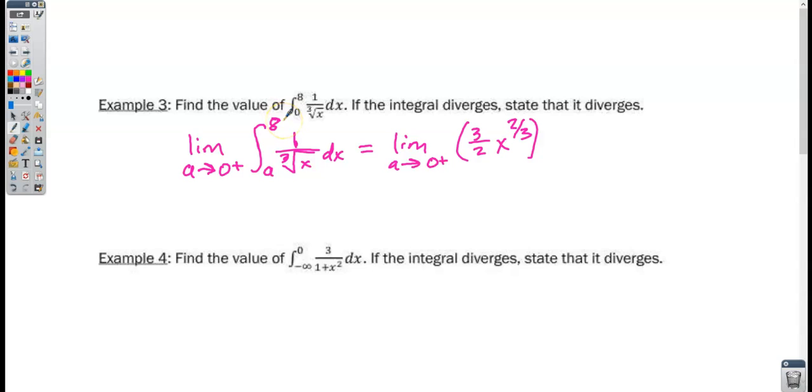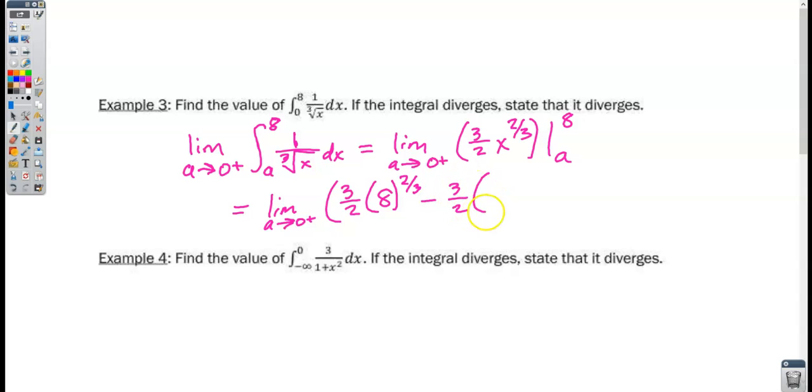Oops. And I'm going to find the limit as a approaches 0 from the right of the integral. This one I evaluated from a to 8. So now I substitute in my limits of integration, and this becomes 3/2 times 8 to the 2/3 minus 3/2 times a to the 2/3.